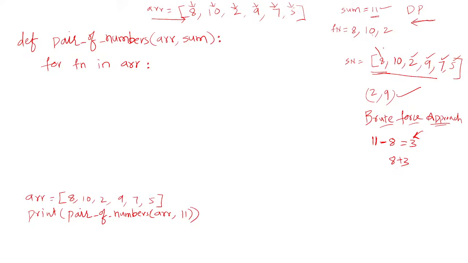Otherwise, you need to perform addition for each number: 8 plus 8, 8 plus 10, 8 plus 2. Every time, this addition takes one computation time. So instead of doing this addition for each of these numbers, it is better to search for a number whose value is equal to the difference.